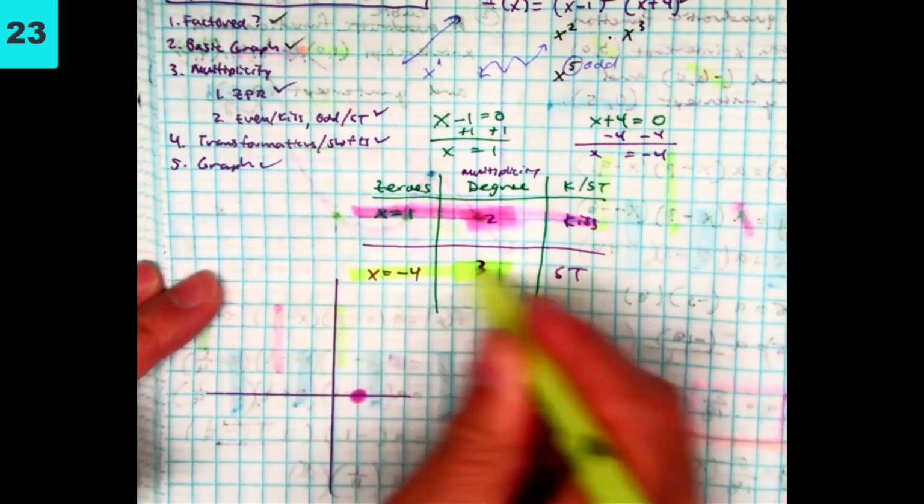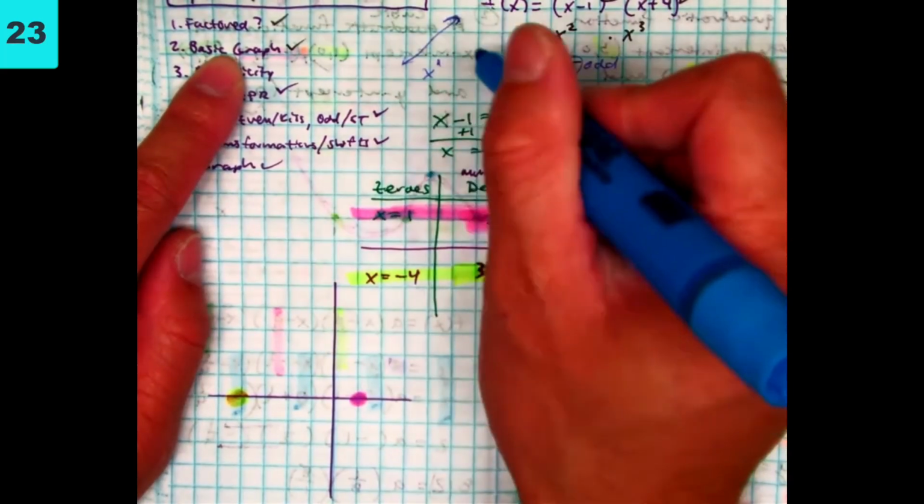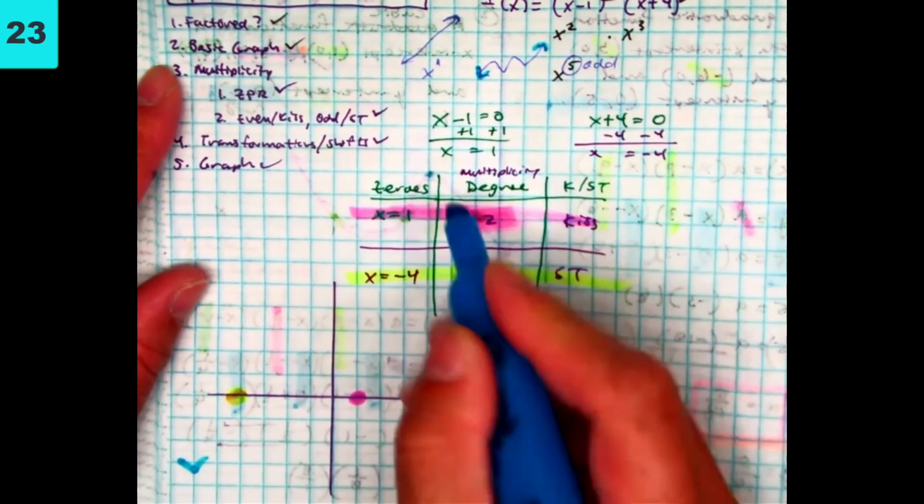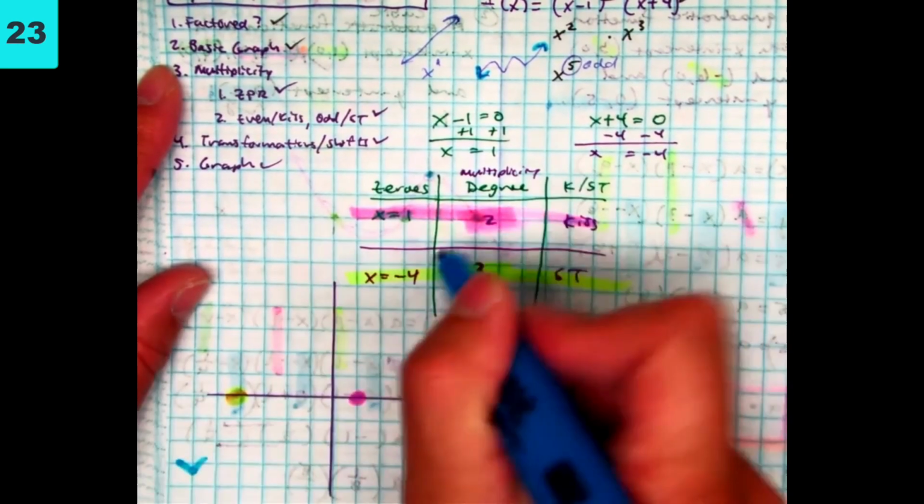X equals negative 4. So x is equal to negative 4 here. And the basic graph here is really talking about its end behavior. So we talked about how it kind of starts down and ends up. So in our problem, it's going to start down and end up.